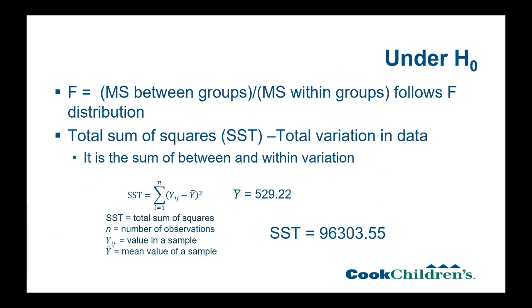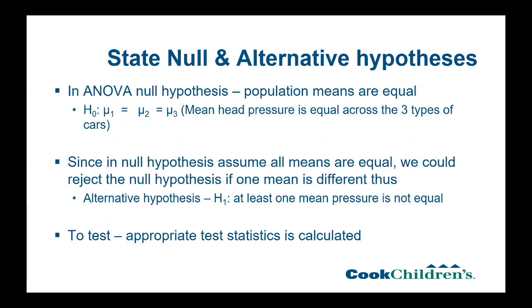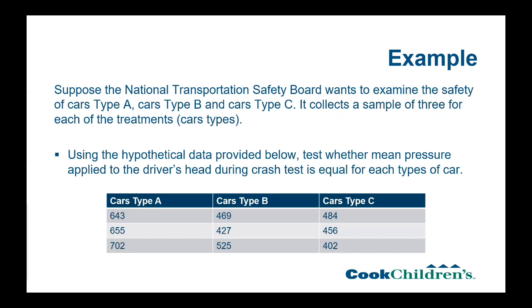Having talked about all those components of the F statistic, the next step will be to calculate the F statistic by dividing the mean square between groups by the mean square within groups. The total sum of squares, if you break it down based on the table I showed you earlier, you have the groups, these are the between groups: type A, type B, type C. And the individual values are the within groups.